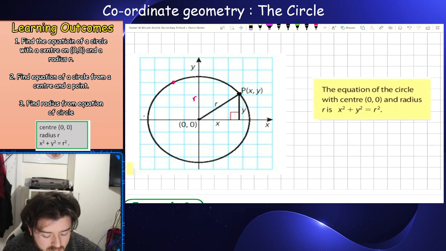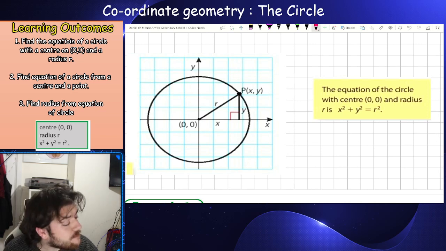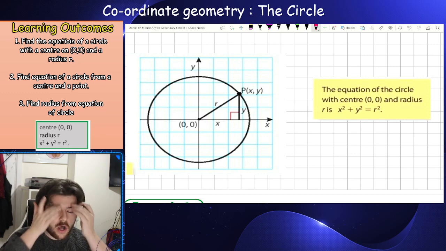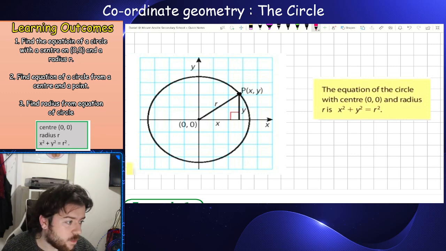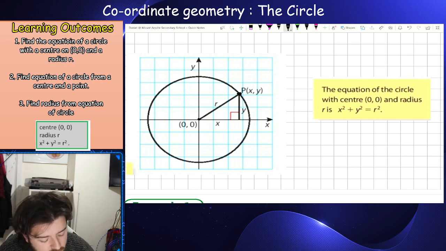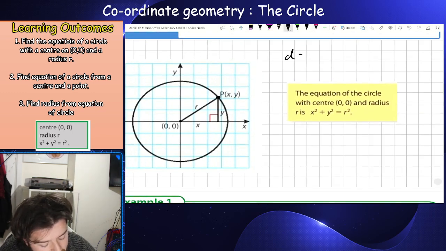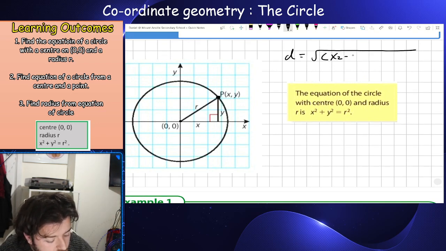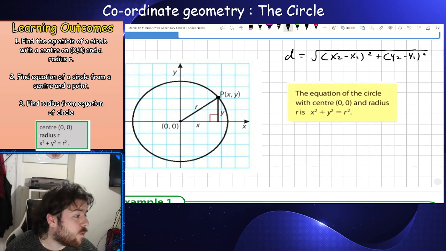So, using this fact, I now have 2 points. I have my center point, 0, 0, and I have this unknown point, x, y. So I'm going to use my distance formula. If you recall, our distance formula is d equals the square root of x2 minus x1 squared plus y2 minus y1 squared, where x1, y1 and x2, y2 are 2 points.